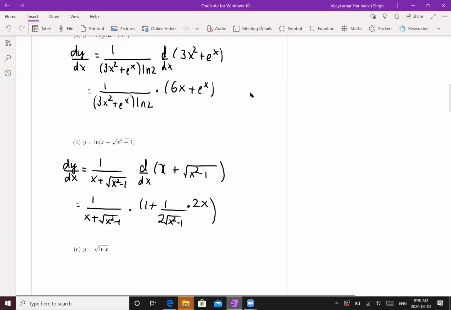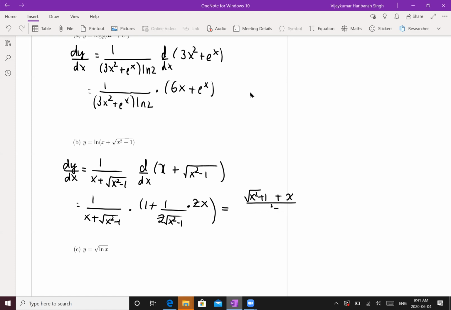Now these will cancel off. So you are left, and when you cross multiply, you see that on top you get x squared minus 1 plus x, divided by square root of x squared minus 1.